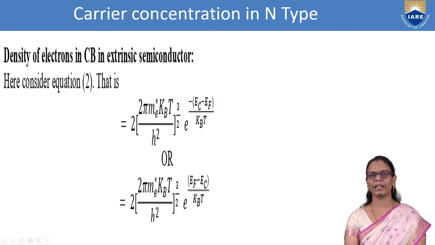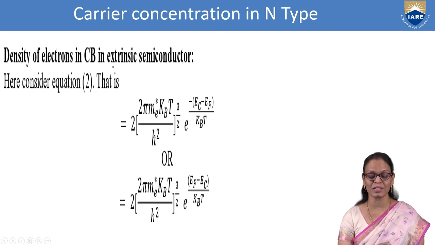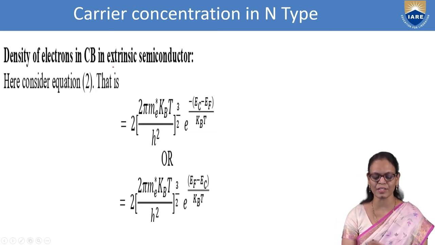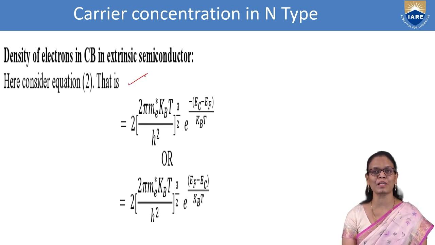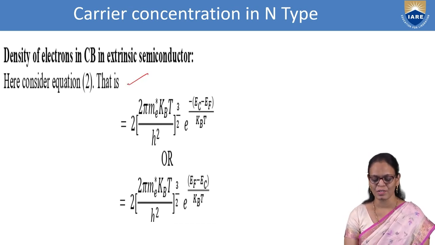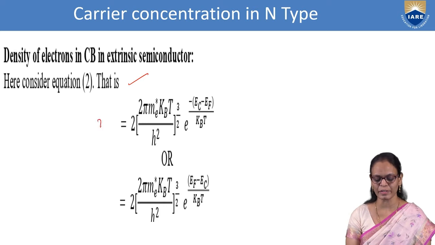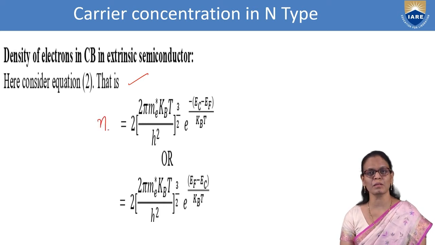Now we are going to find the density of electrons in the conduction band in an extrinsic semiconductor. For that we will take the expression for N first. N is the concentration of electrons in the conduction band.